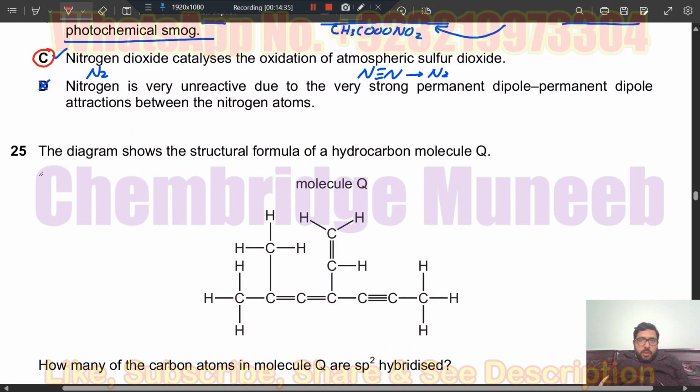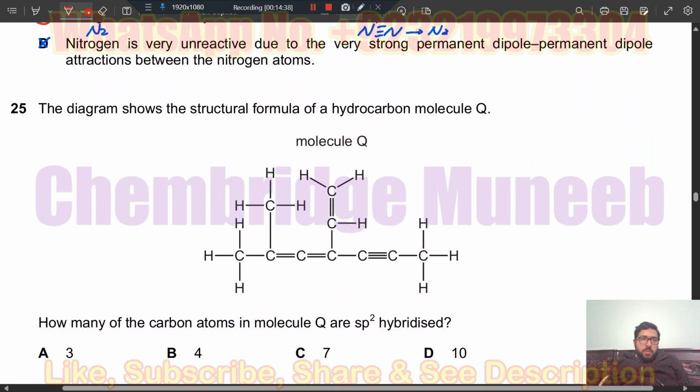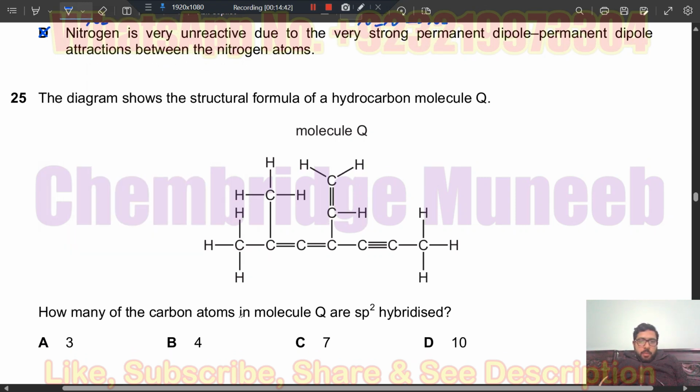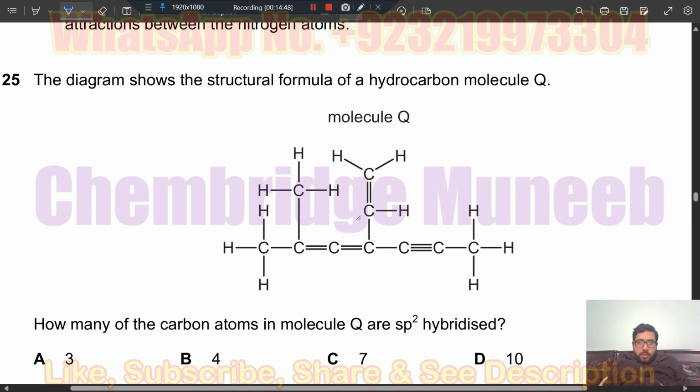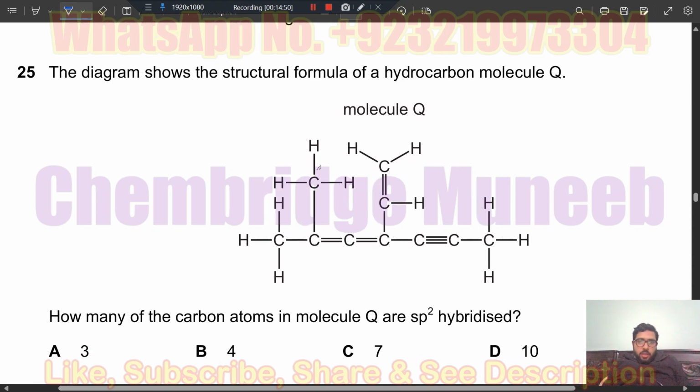Now question number 25. It is the first question of organic chemistry. It says how many of the carbons in this are sp2 hybridized. So we have to look carefully at which carbon atoms show sp2 hybridization. We know that this carbon is sp3, not sp2. This is also sp3.